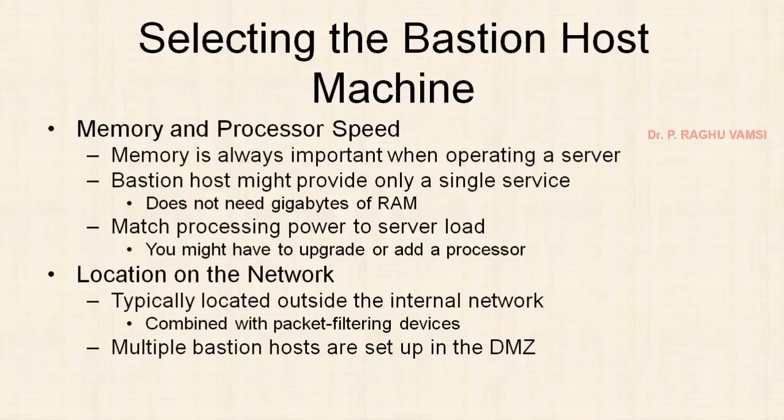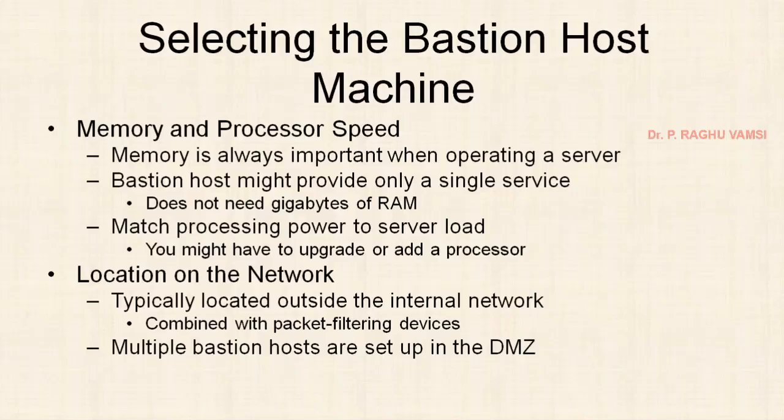A sufficiently large RAM, maybe 2 GB or 3 GB, is sufficient for 100 Mbps speed or this kind of speed. Match processing power to server load. You might have to upgrade or add a processor if needed.